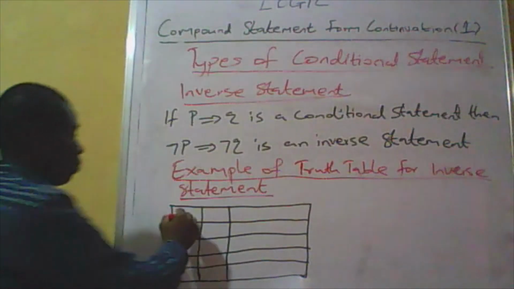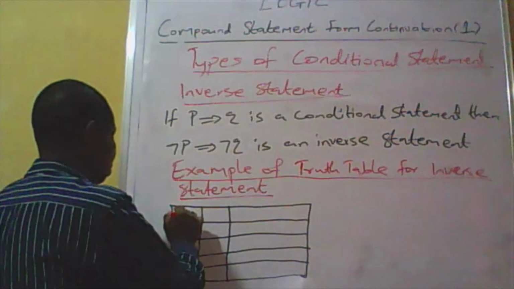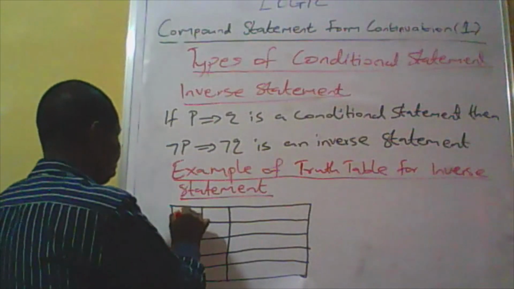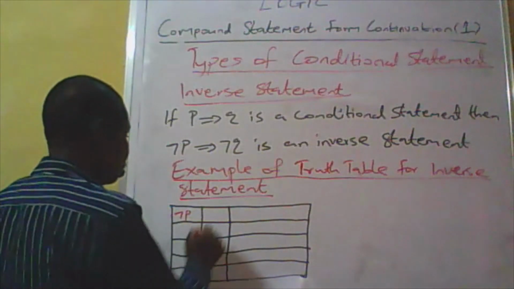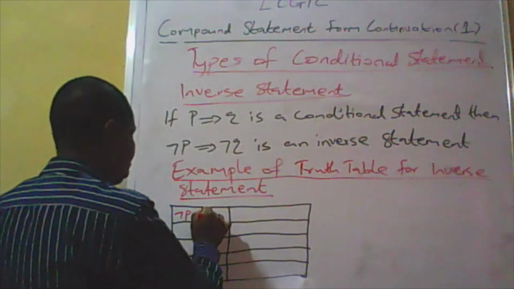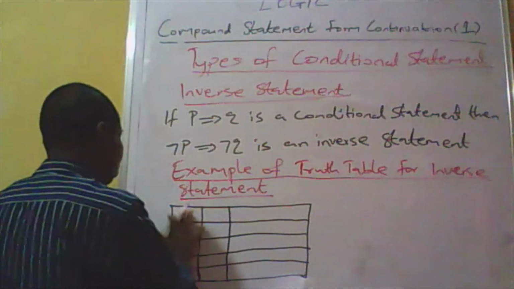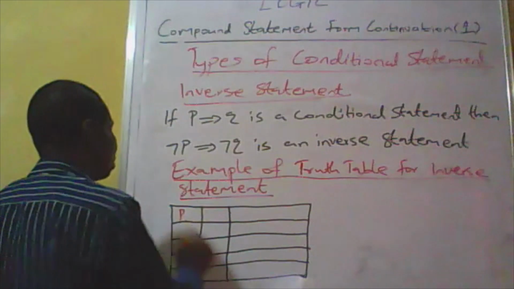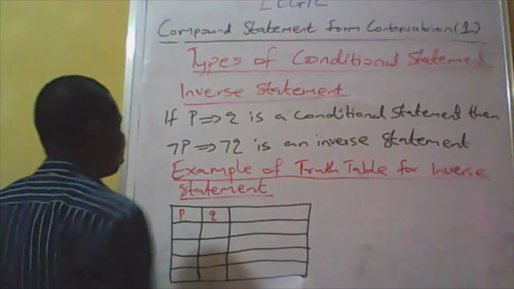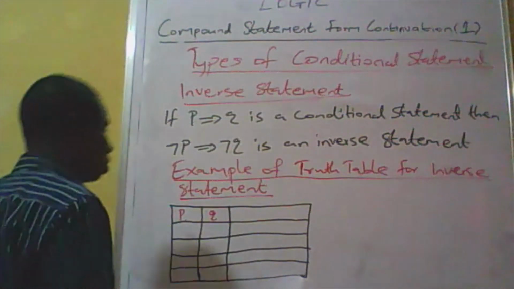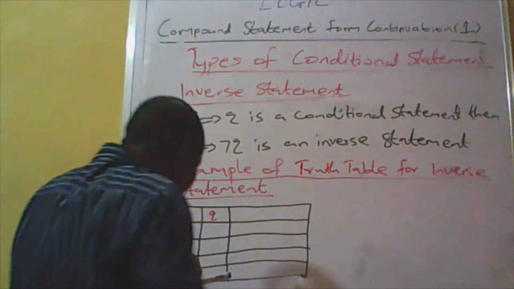We have not P, then let's say we have P, we have Q. Then let's draw our rows.